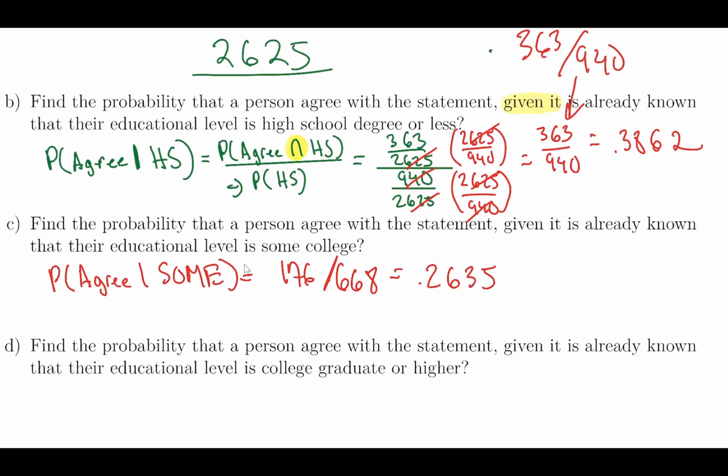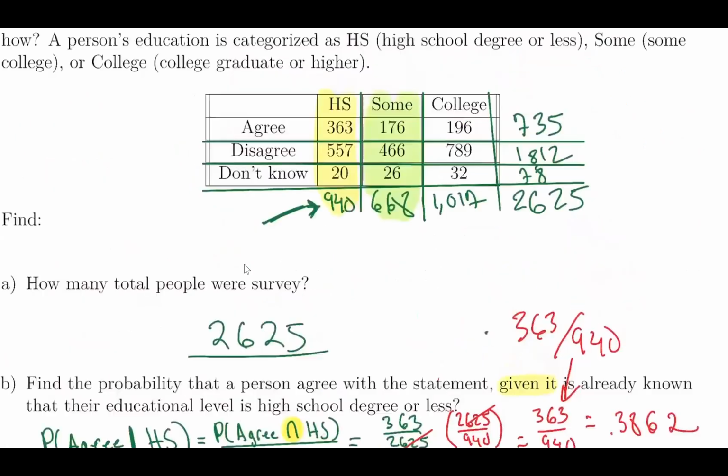All right, so let's do D. For D, it says find the probability that a person agrees with the statement given it's already known that their education level is college graduate or higher. So for this one, we'll say probability agree, given college. I'm going to go ahead back over here.